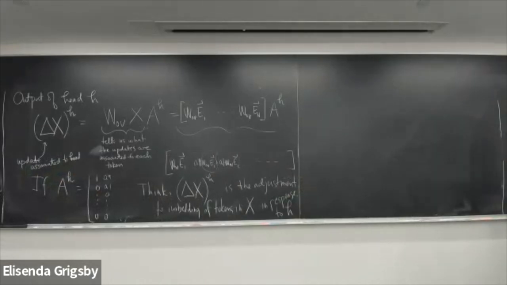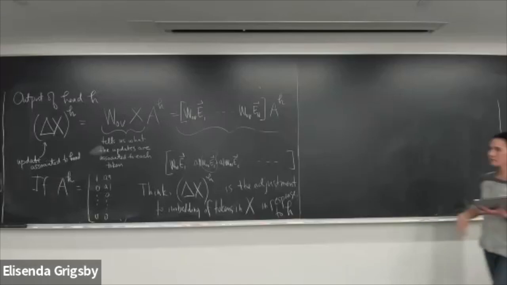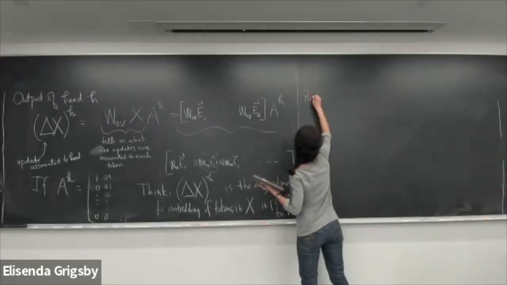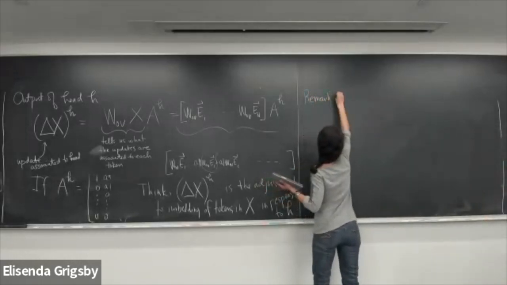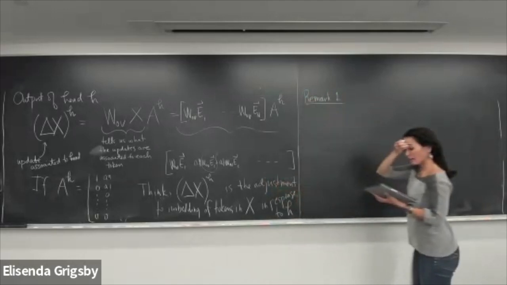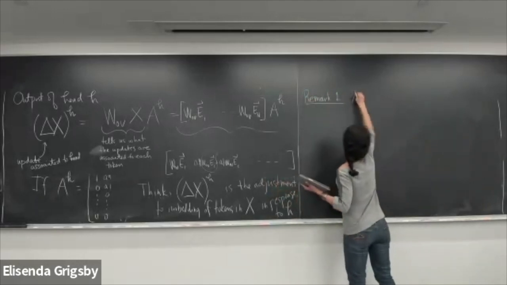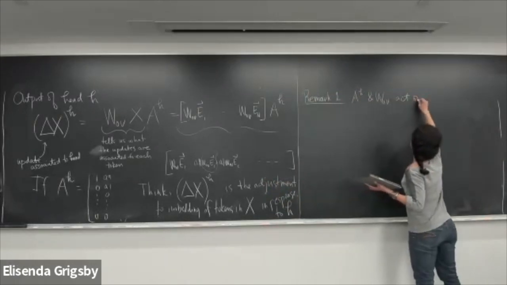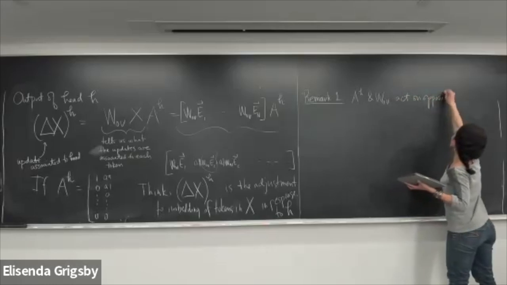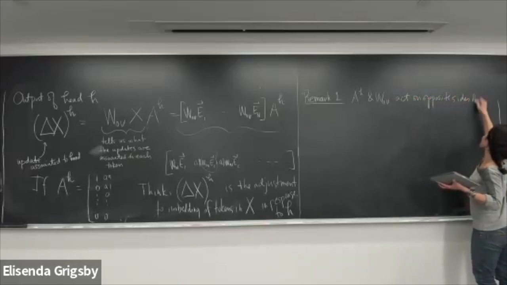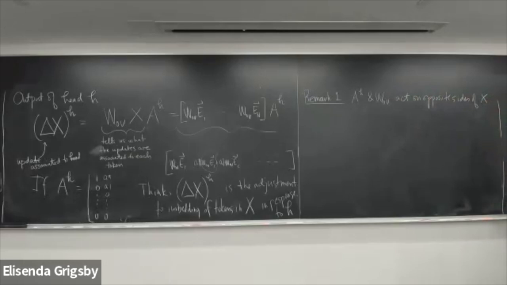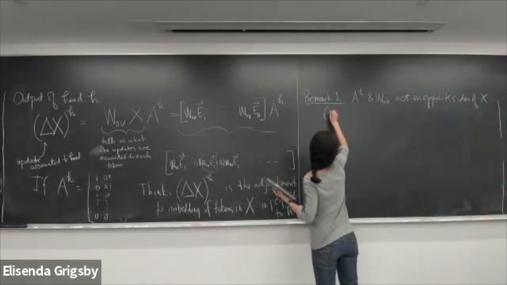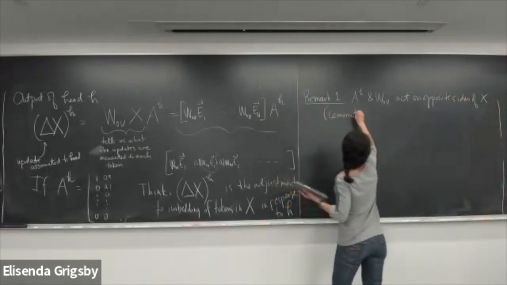Let me just make a few remarks, which are somewhat semi-mathematical, but that I think are interesting to point out. So you might notice that AH and WOV act on opposite sides of X. They're multiplied on opposite sides. So these actions commute. These are commuting actions, because matrix multiplication is associative.